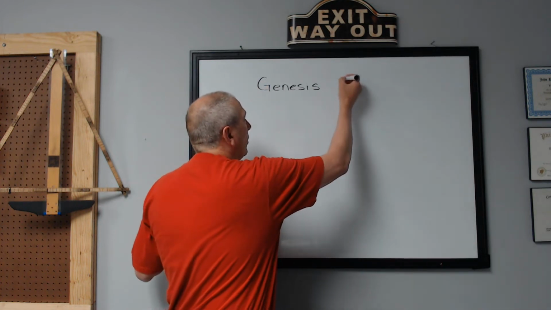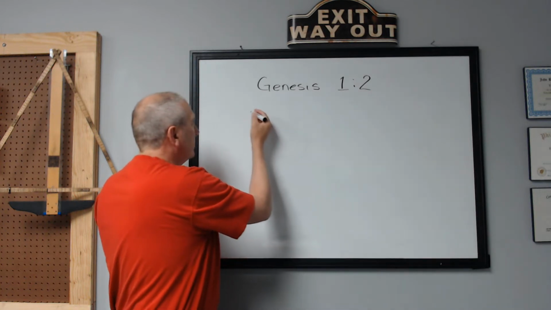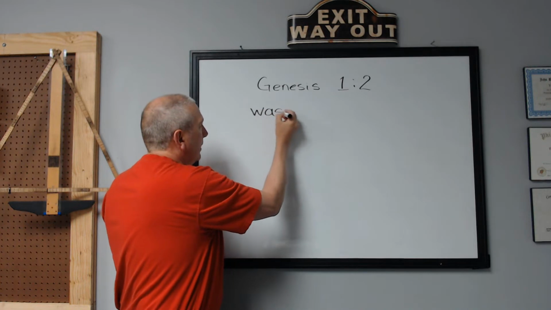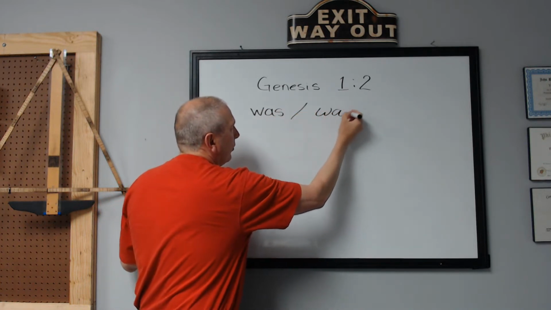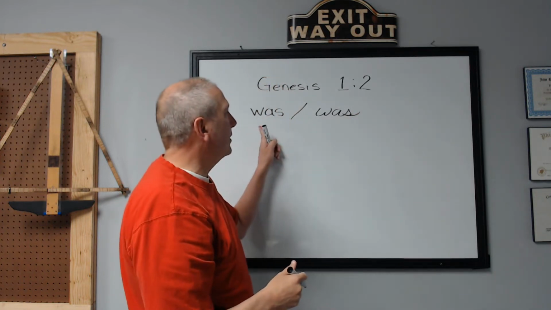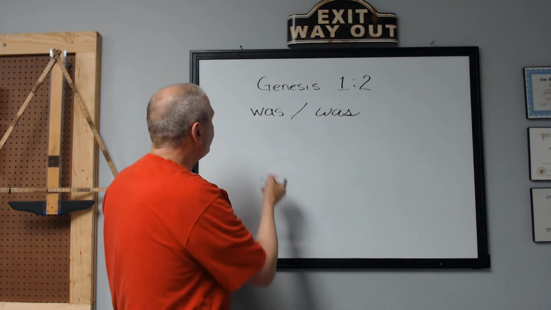So Genesis 1:2. First, in one of our lessons we noticed the italicized form. Not that I would know how to write that, but anyway, we had a standard print, standard font, and an italicized font.